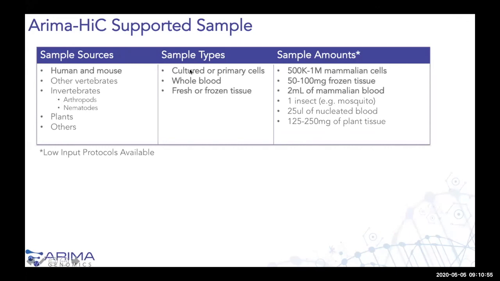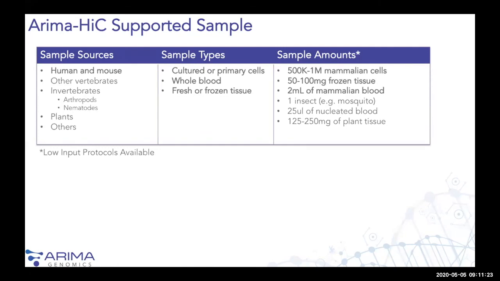In terms of the sample types, we have user guides for cultured cells, primary cells, whole blood, fresh or frozen tissue. We've worked with OCT embedded tissue. So if you have a specific question about a sample type, please drop that in the Q&A or we can follow up afterwards. And then in terms of the sample amounts, a typical Arima-HiC reaction might start with about 500,000 to 1 million cells.